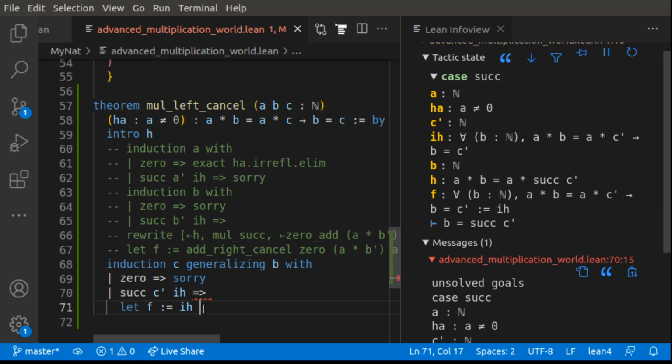Our hypothesis is A times B equals A times successor of B. We need to use that somehow. A times B equals A times successor of B. Here we have A times C prime.